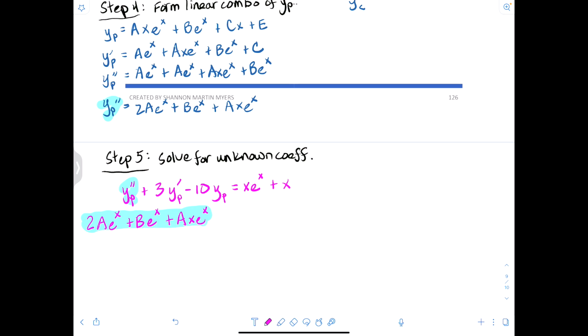And then plus 3 times yp prime. So yp prime, we had a e to the x. I'm going to put the b e to the x next to it. And then plus a x e to the x plus c. And that was from here.